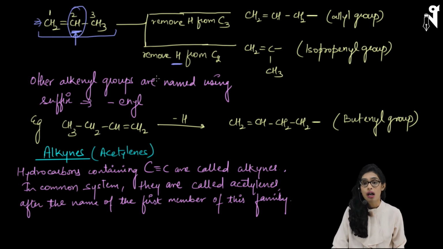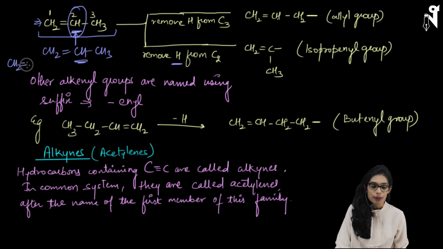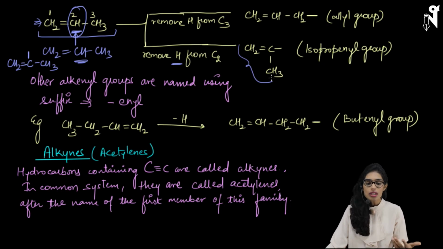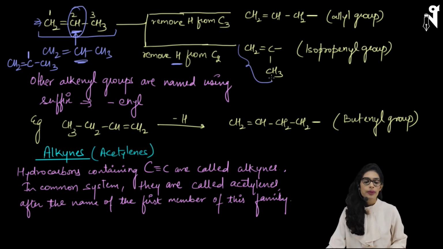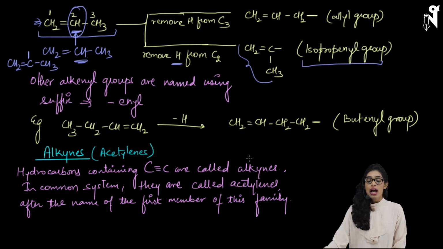If I remove hydrogen from the second carbon, basically the non-terminal one, then what will happen? This will become CH2 double bond C single bond CH3. That's how it will look. Just the shape has been changed a bit. And this kind of group is called isopropenyl group.